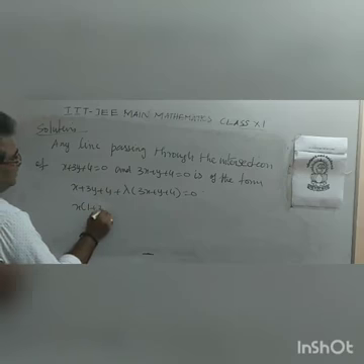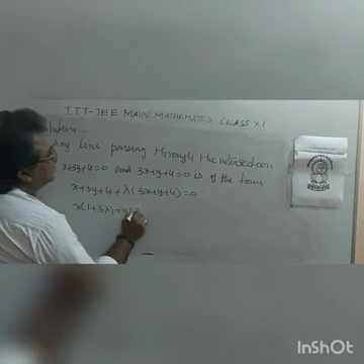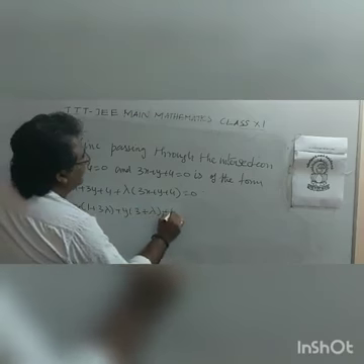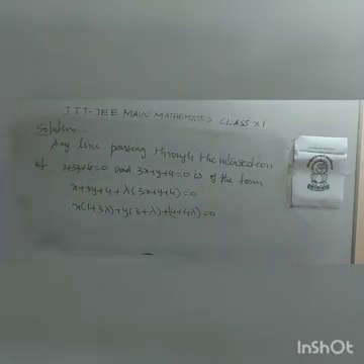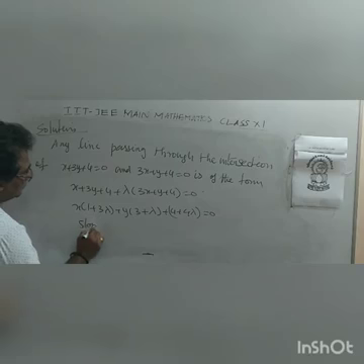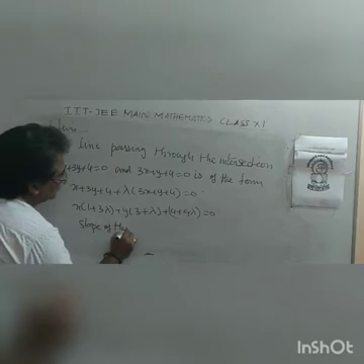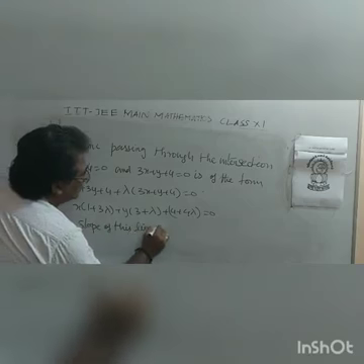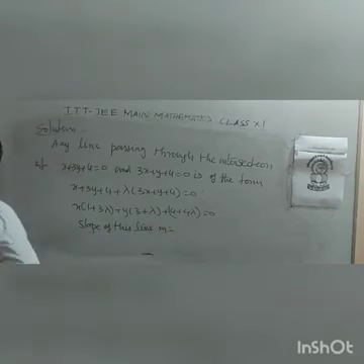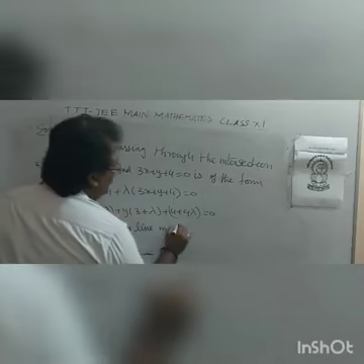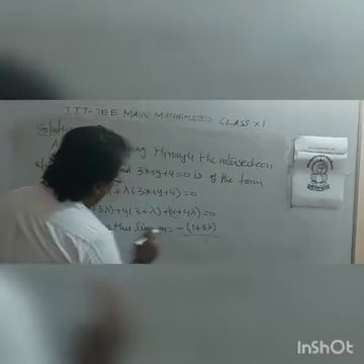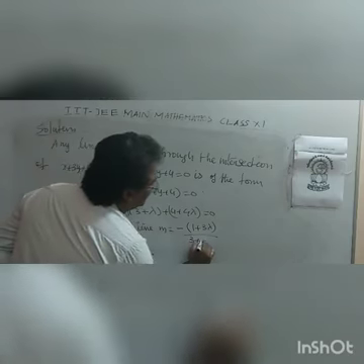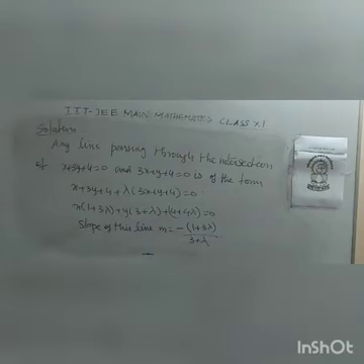That is, x into 1 plus 3 lambda plus y into 3 plus lambda plus 4 plus 4 lambda equal to 0. Slope of this line m equal to minus coefficient of x, that is 1 plus 3 lambda, divided by coefficient of y, that is 3 plus lambda.